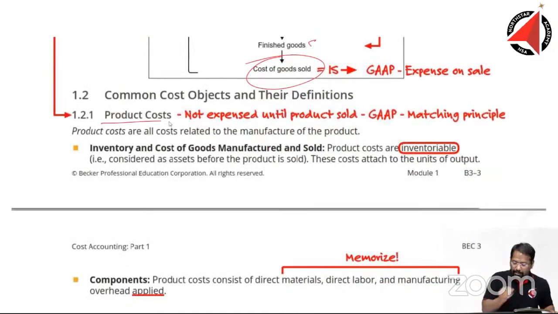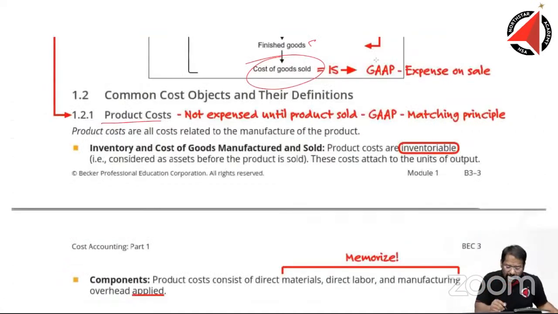So product cost is not expensed. Not expensed means what? When we use the word expense, in simple words, it means that we have not yet debited it in our P&L account, our trading and P&L account or our income statement.